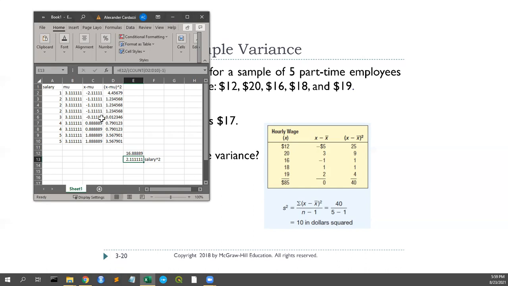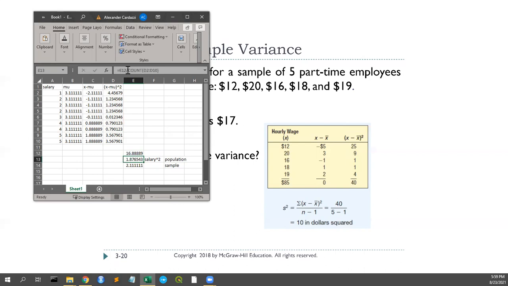So 2.11 versus 1.87. So maybe I'll just copy this whole thing so we can look at it. So this is population, and this is sample. So again, same number, but I'm going to subtract 1 off of this. So you can see it's actually a little bit different, right?